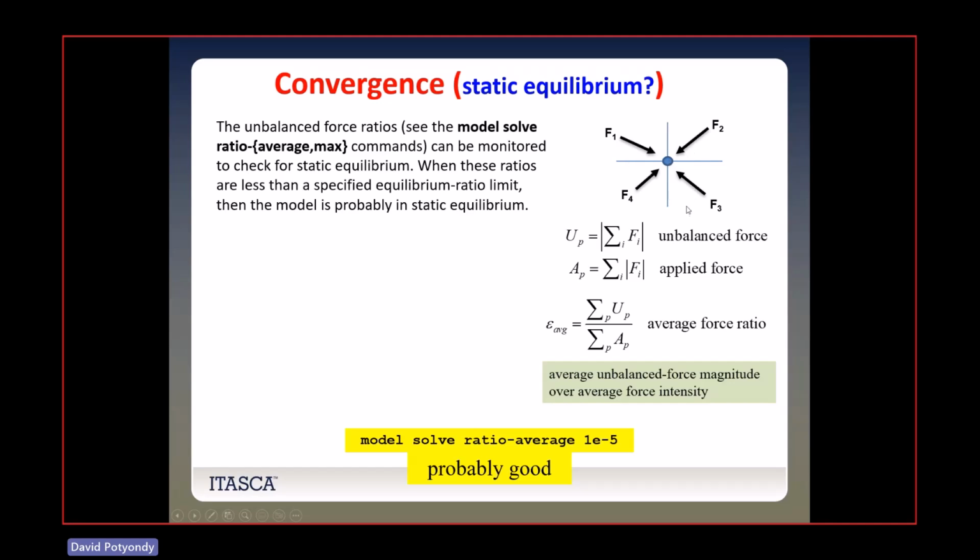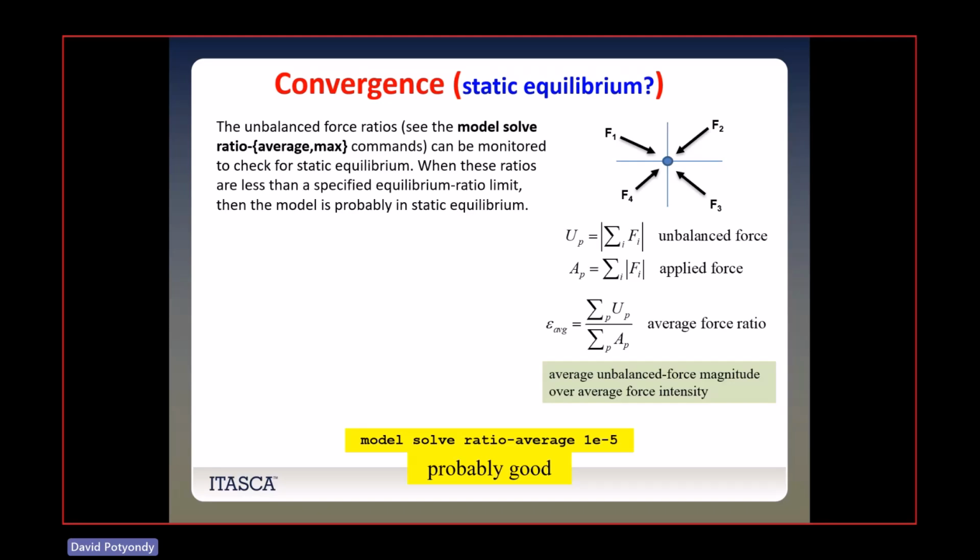You put that sum in the denominator, and divide the unbalanced force by it. That ratio should eventually approach 0. It turns out that at about 1 e to the minus 5, you pretty much have static equilibrium. When we start running our stuff on Tuesday, we're going to look at this and convince ourselves that really nothing is happening anymore once we reach that ratio.